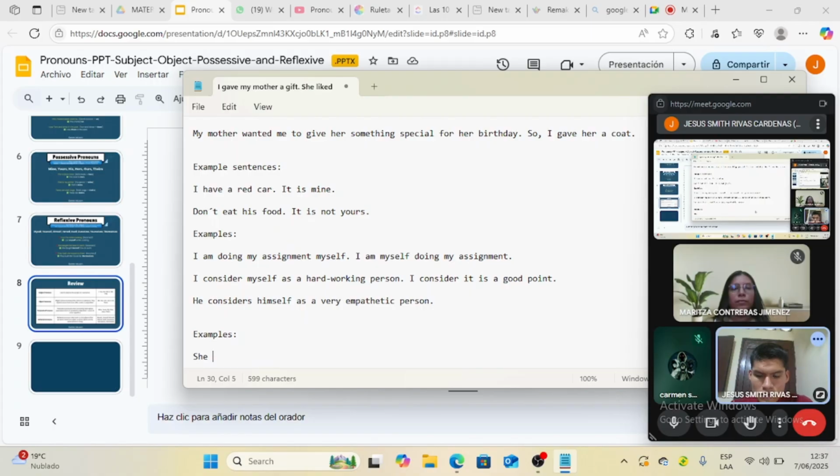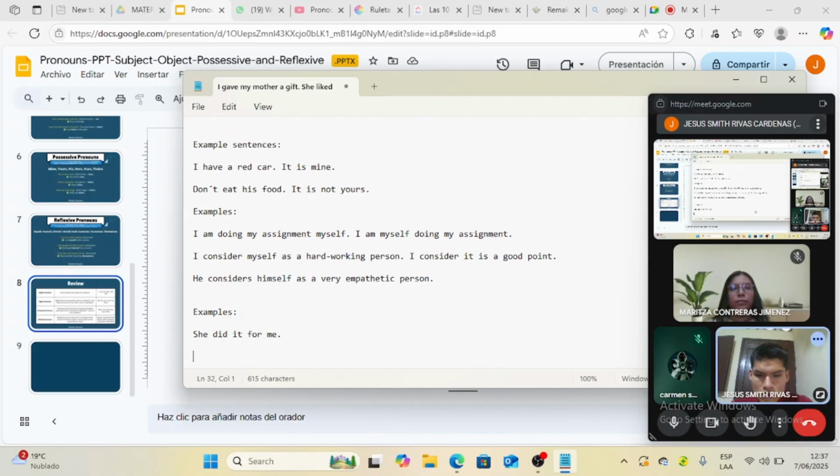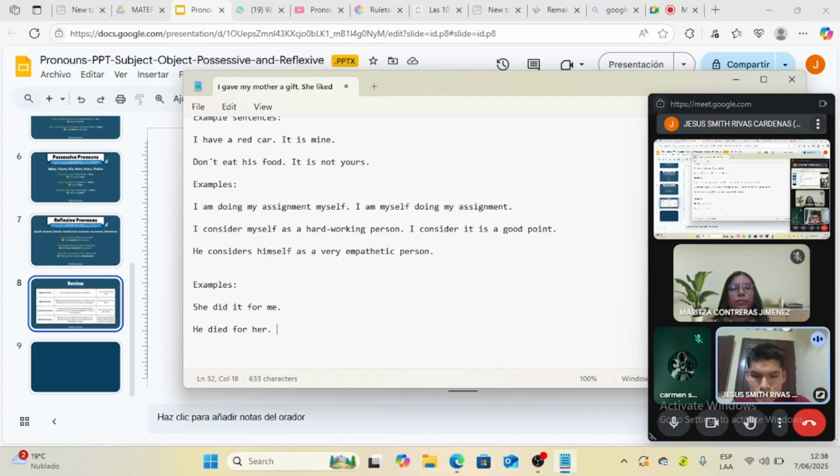She did it for me, for her. So you can see here that there is a preposition, which is for.